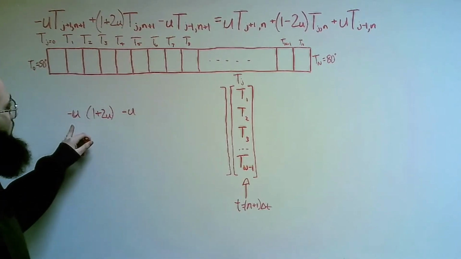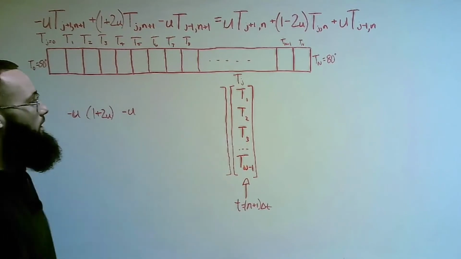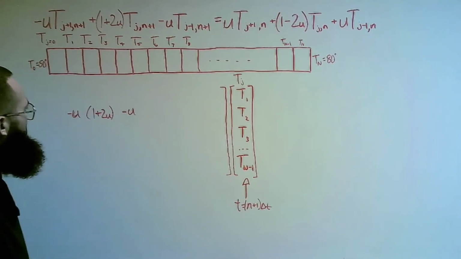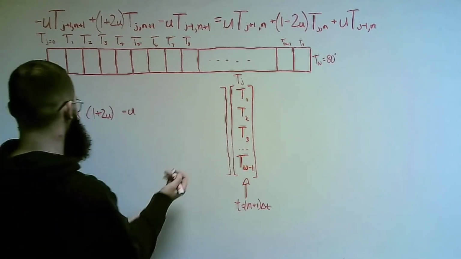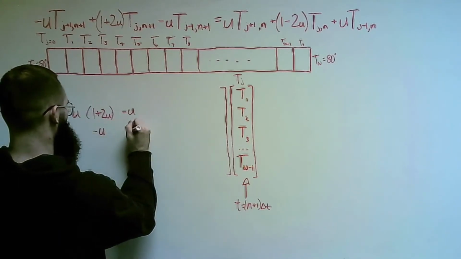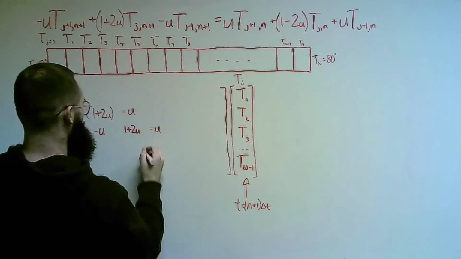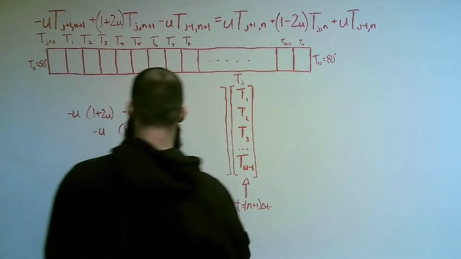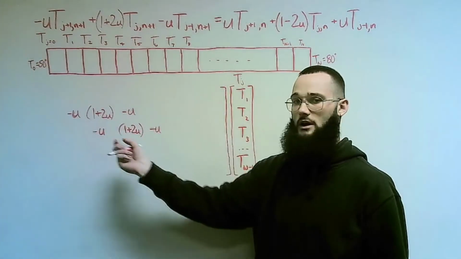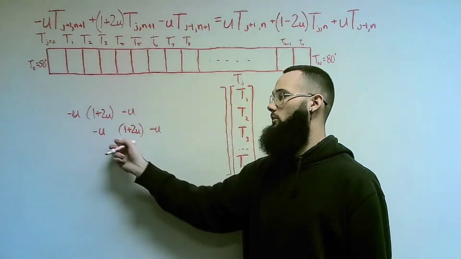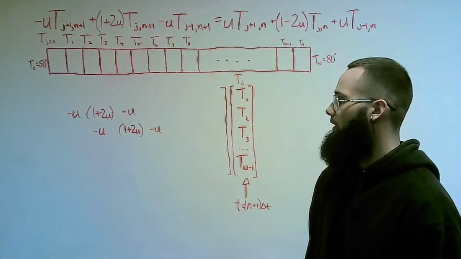Those will each be multiplied by our T values along the vector. And then we can do the same thing for T3: negative u, 1 plus 2u, negative u. As these T values shift, so will the u values.